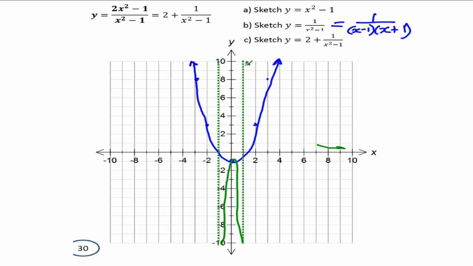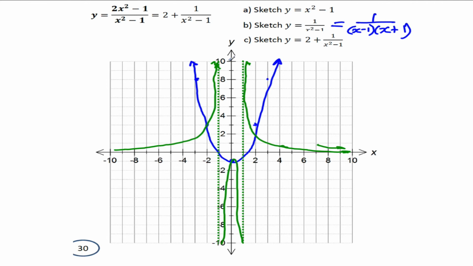We're getting a very large number, but we can't get a value of 0 on the bottom. The same on the other side. It's a reflection on the other side. Okay, so that's as ugly as.